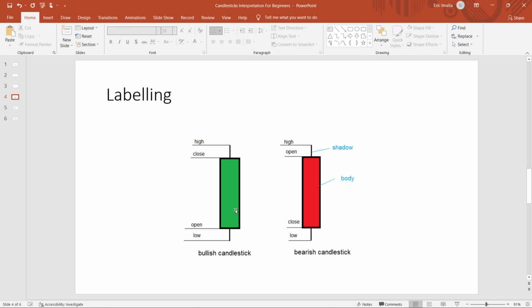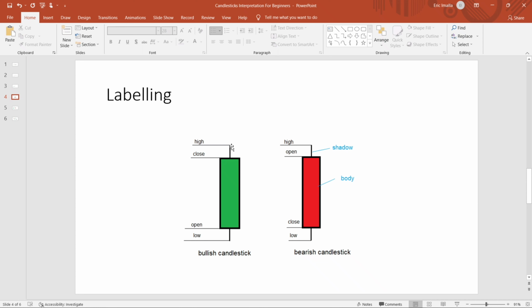But as you can see, we still have the low and we still have the high. The low is simply the lowest price point which the price reached during that specific time period. The high is the opposite. The high is the highest point which price reached within that specific time frame.